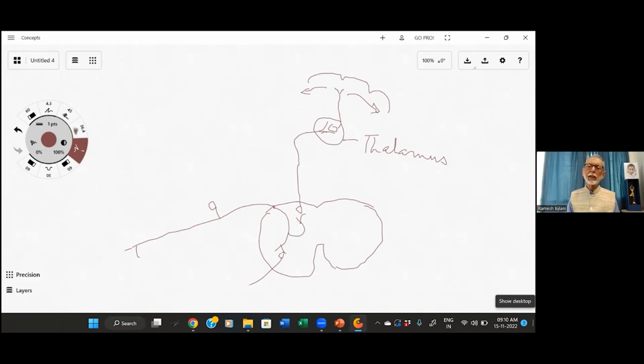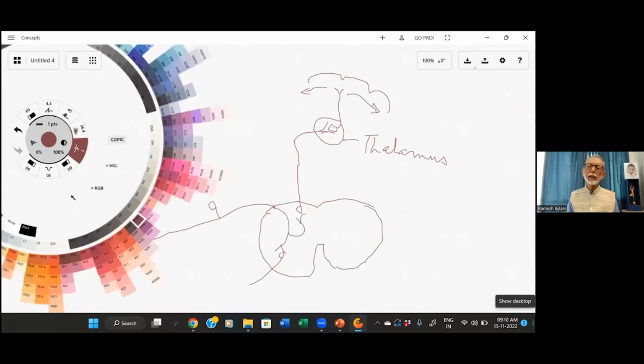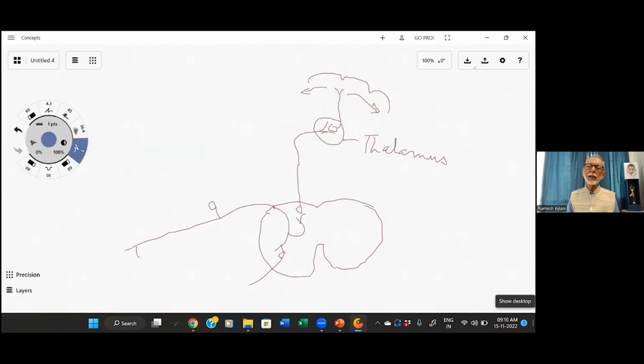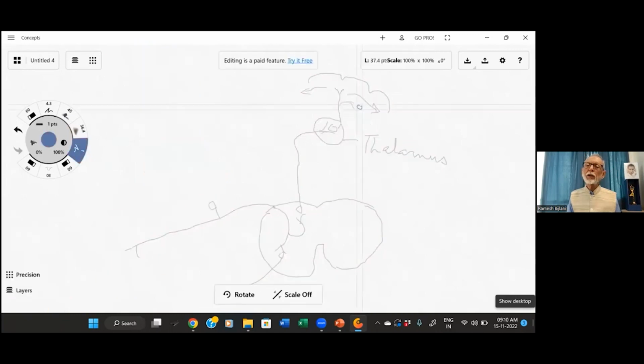Now, along with this, we also have another set of fibers. Projections actually do not go up, but go down.